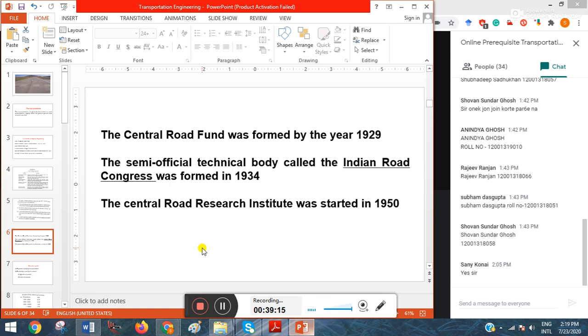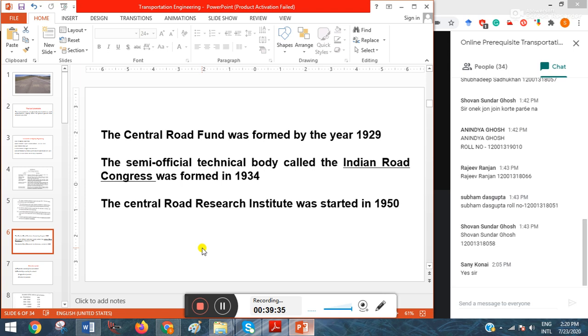So five types of roads are there as per the classification based on location and function.